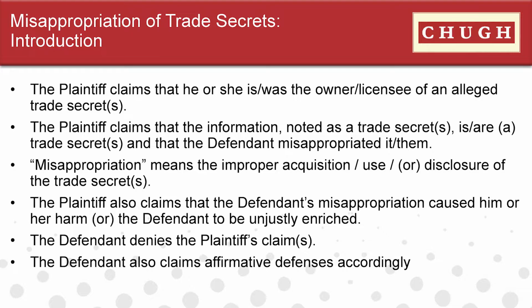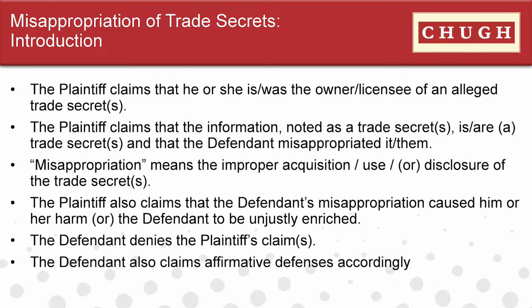Hi, everyone. Thank you for your time, Hooman. I'll be talking today about misappropriation of trade secrets. That's another business tort. The basic elements: the plaintiff has to claim that he or she or it was an owner or a licensee of some sort of trade secret. Then the plaintiff claims that this information that's a trade secret was misappropriated by the defendant.